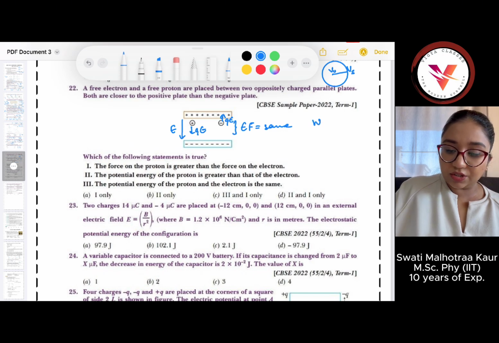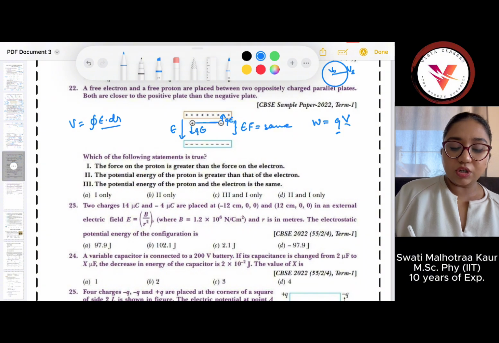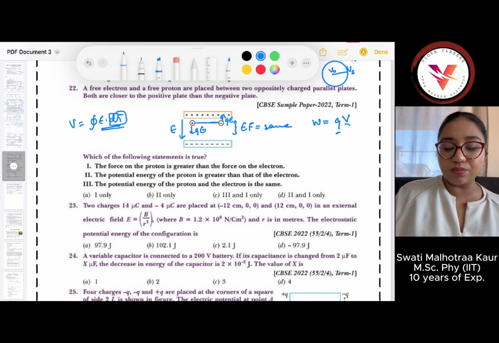If you take the work done, that is QV, and both are at the same level. So magnitude-wise, the potential energy of both is the same, right? Because the charge is the same. And if you talk about V, both are at the same level. So V is also the same because the electric field is the same. If you take V as E dot dr, that also comes out to be the same because they are at the same dr position from both these plates.